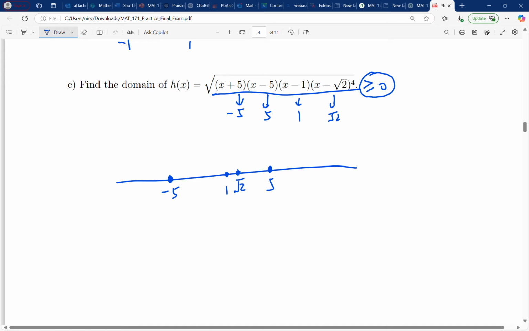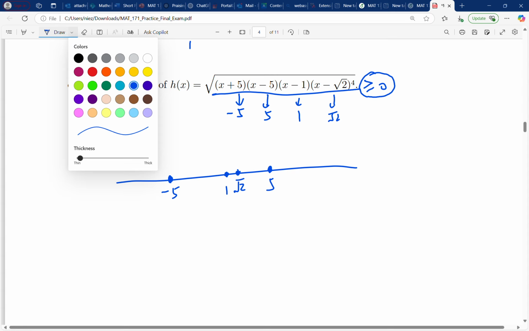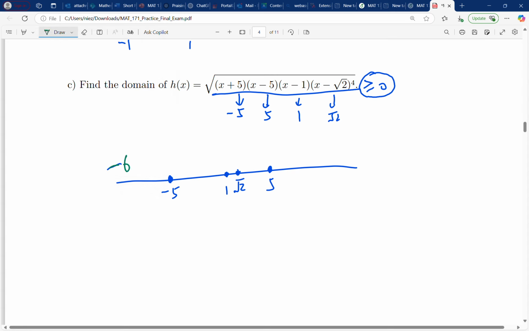Then you test the intervals. Let's say negative 6. Let me change the color. We choose negative 6 here. You put negative 6 inside: negative 6 plus 5 is negative 1, negative 6 minus 5 is negative 11, negative 6 minus 1 is negative 7.